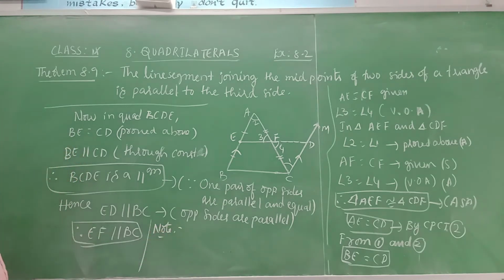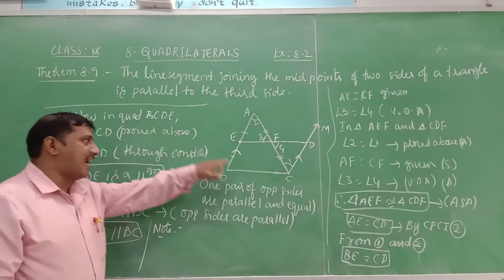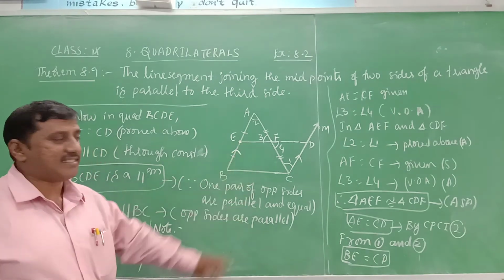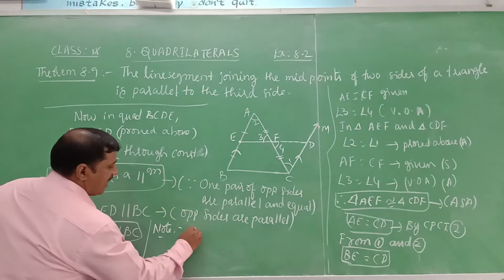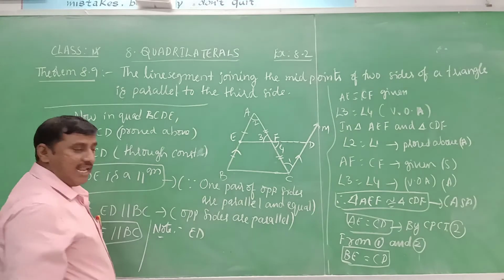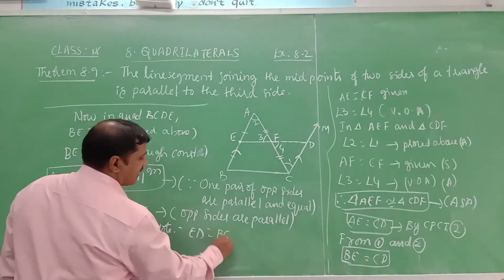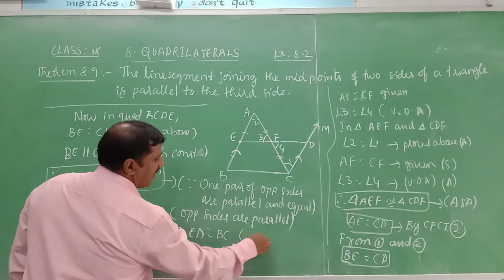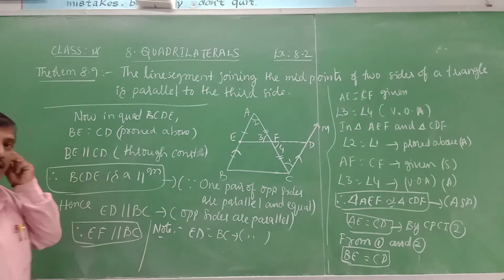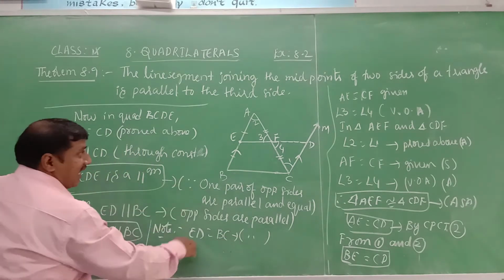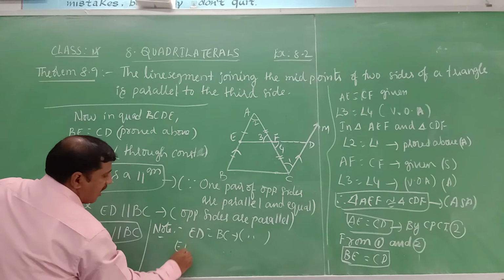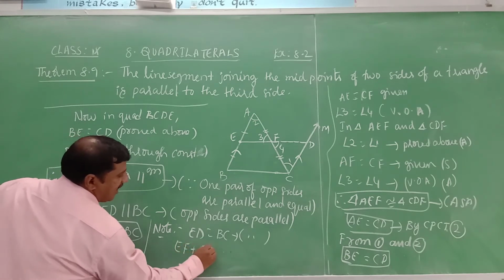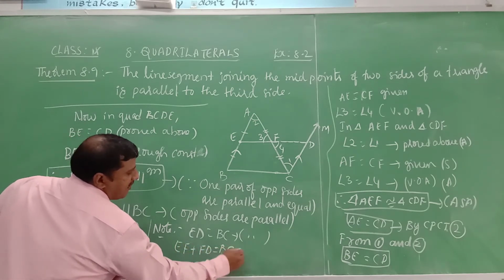So here we can note one more thing. What about the sides ED and BC? They are equal. Again, opposite sides of the parallelogram are equal and parallel to each other. But ED is equal to what? EF plus FD, that is equal to BC.